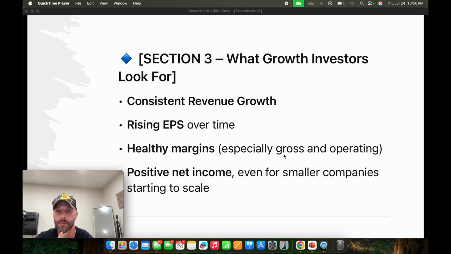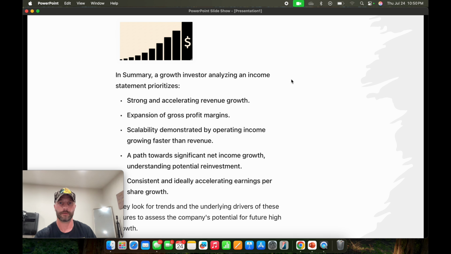Positive net income, even for smaller companies starting to scale. We want the revenue growth to be more than consistent for growth stocks, right? It should be growing 20% or more a year. Okay, guys, that's what we are looking for.